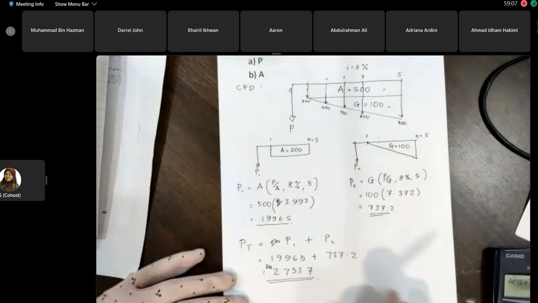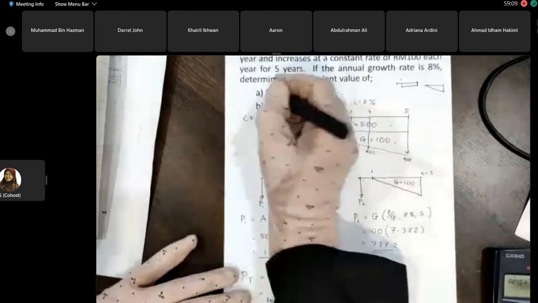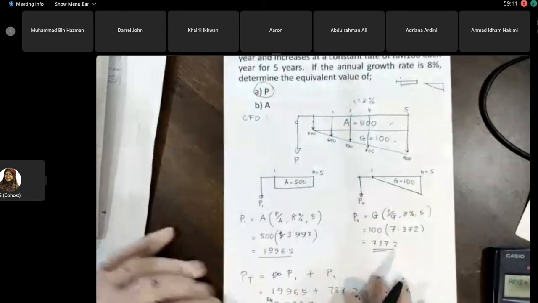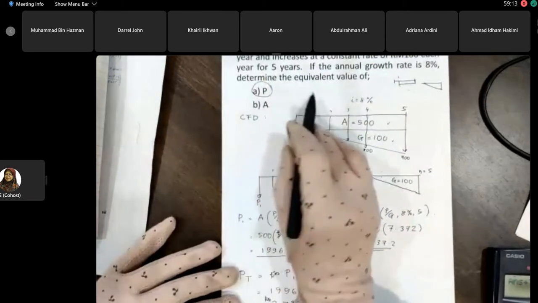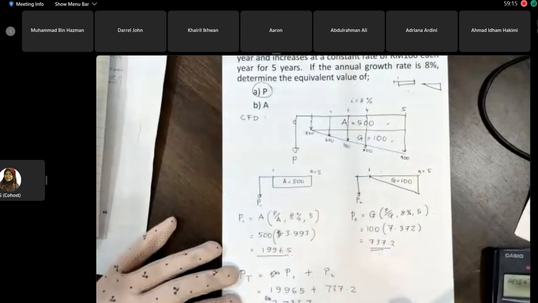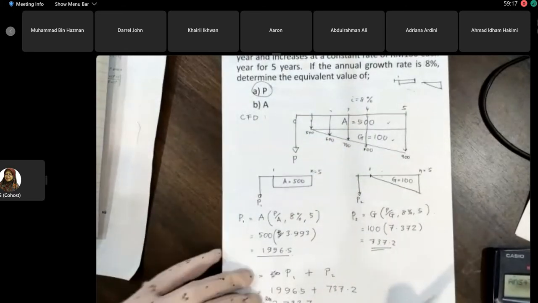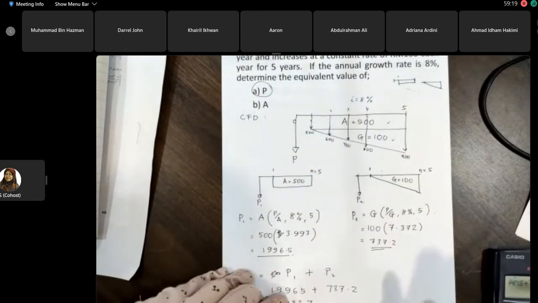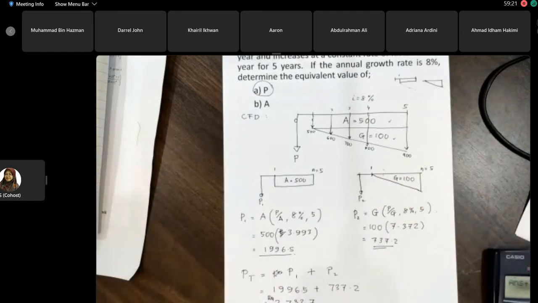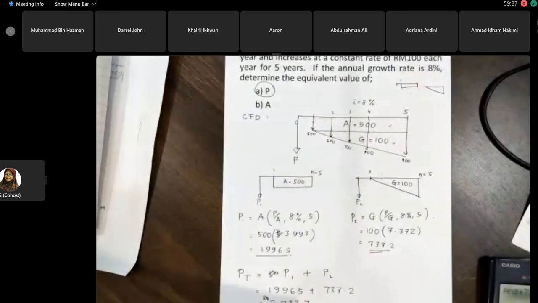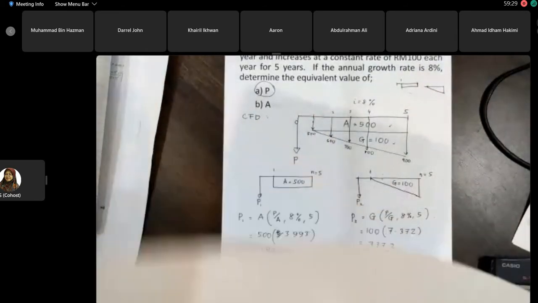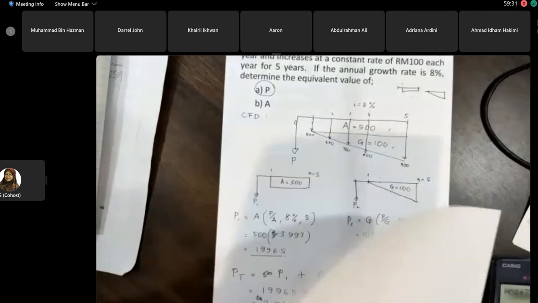Okay. This is just P. Just P. Determine the equivalent value of P. Okay, now what about A? How to find out the A value?